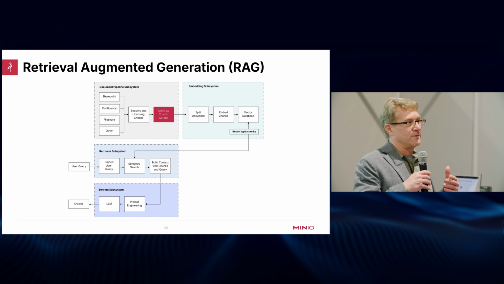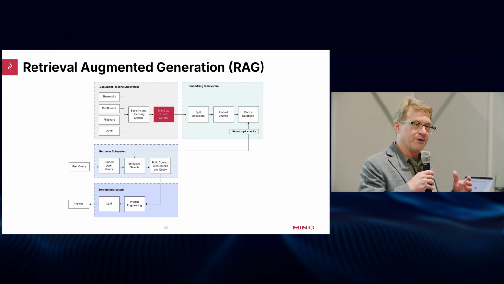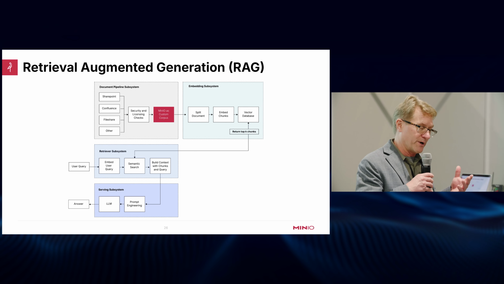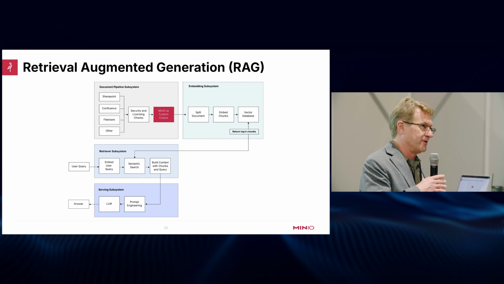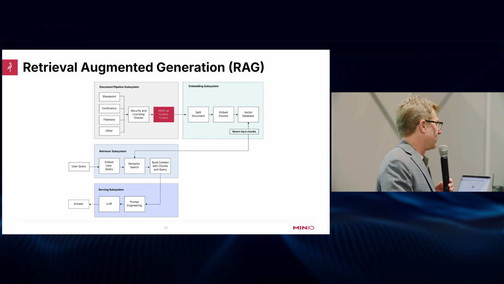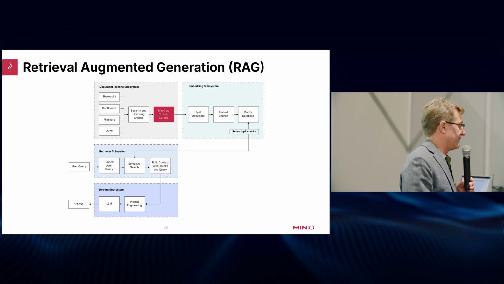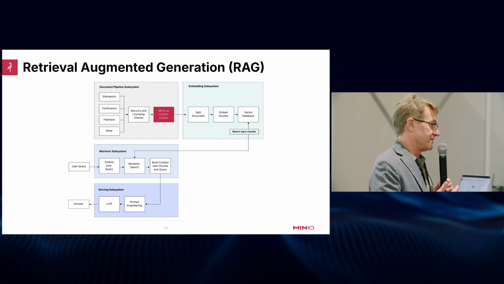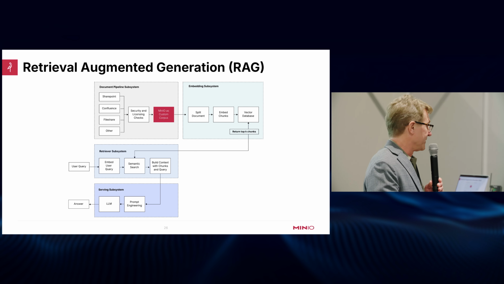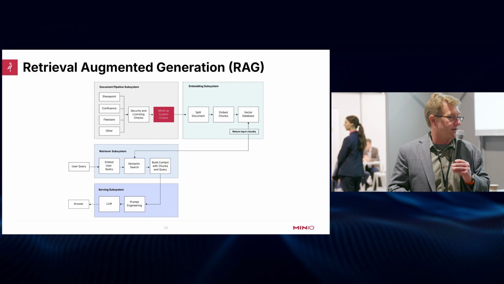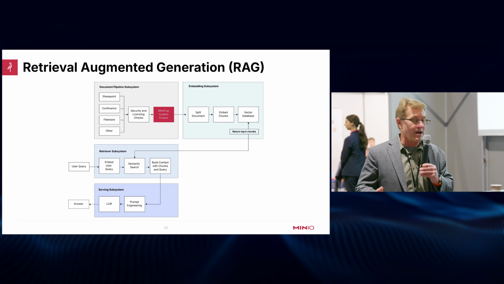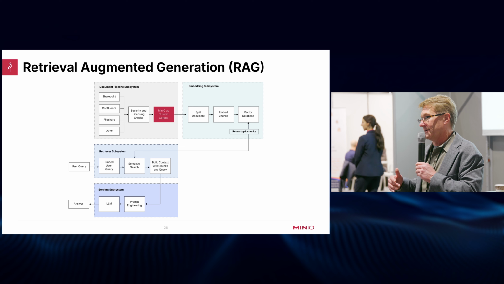One of the more important workloads you probably want to build out if you want to do generative AI is retrieval augmented generation. What you're seeing here are the subsystems of retrieval augmented generation. There's your document pipeline, which I just showed you. There's also the building out of your vector database, and then prompt engineering, and then inference.